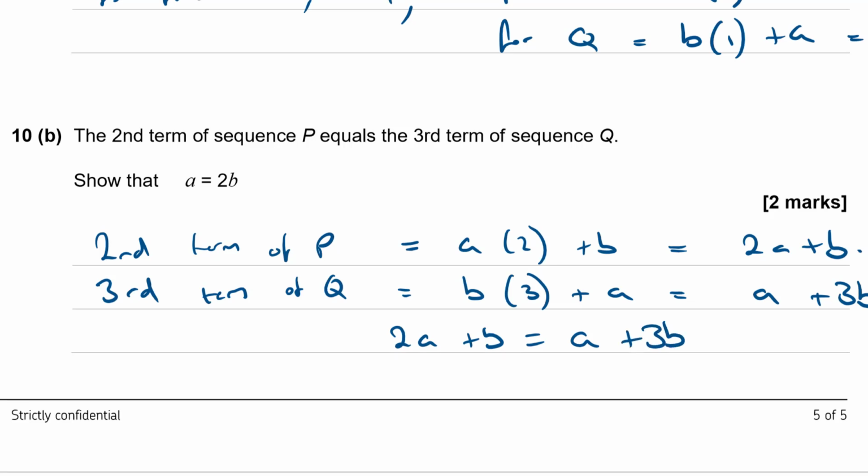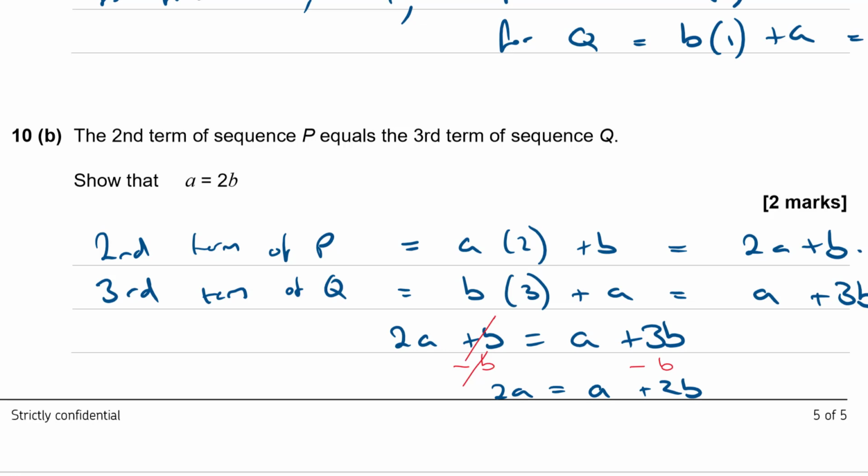Okay, so can we simplify that a bit? We can take off b from both sides, subtract b, that will cancel with that, and then that will give me, running out of space, 2a is equal to a plus 2b.